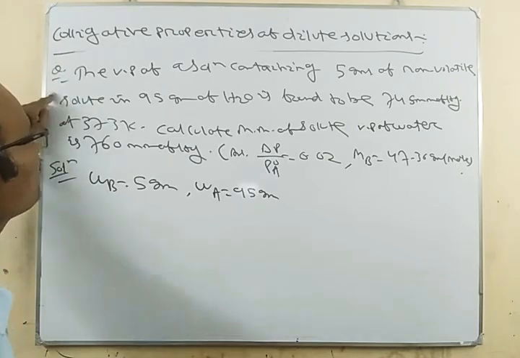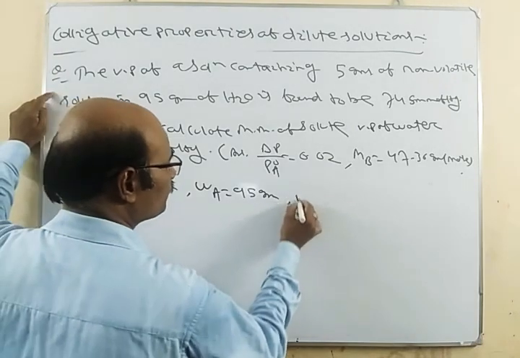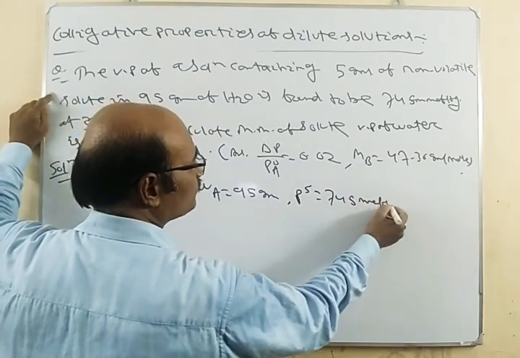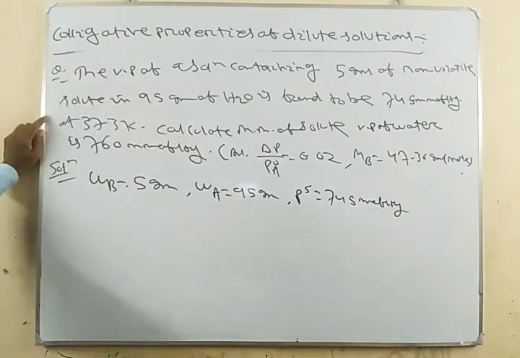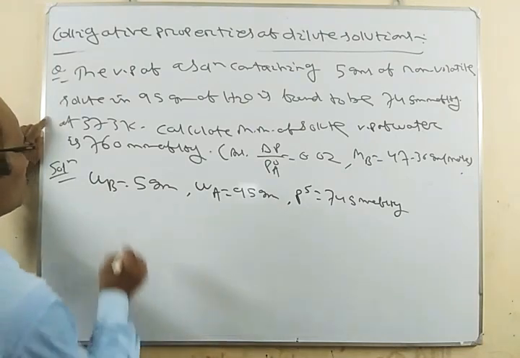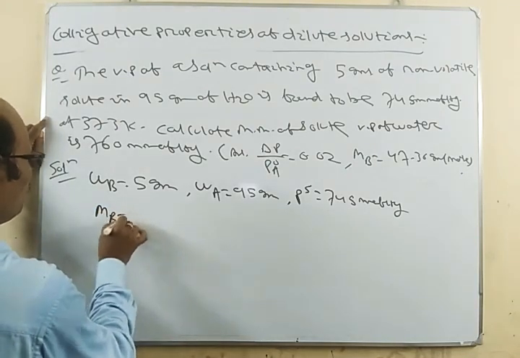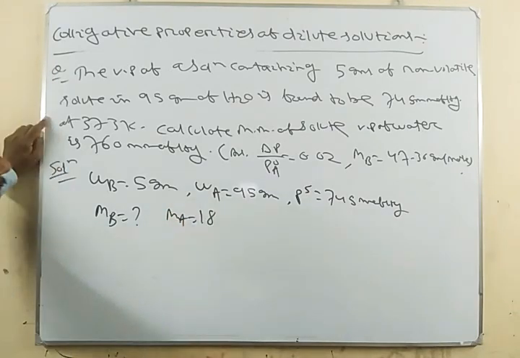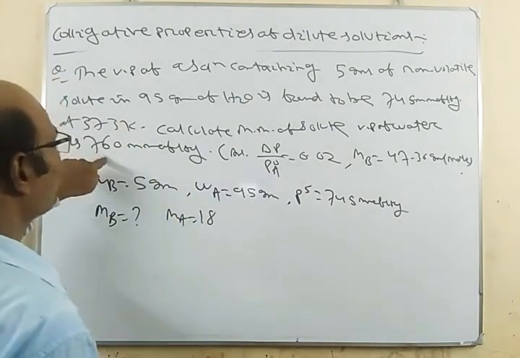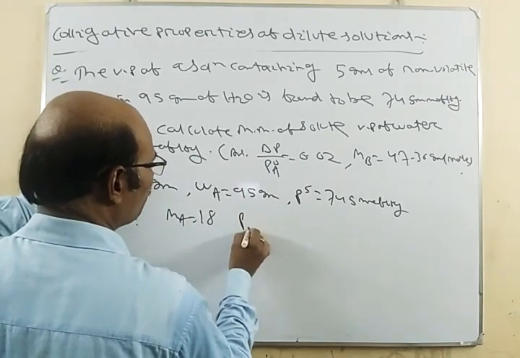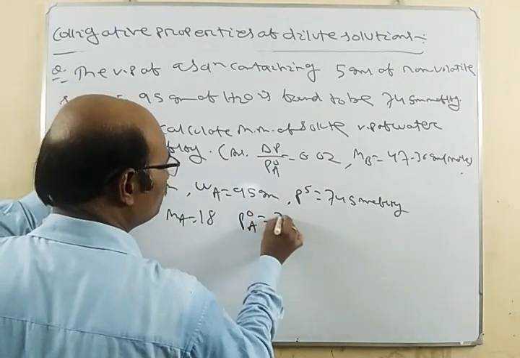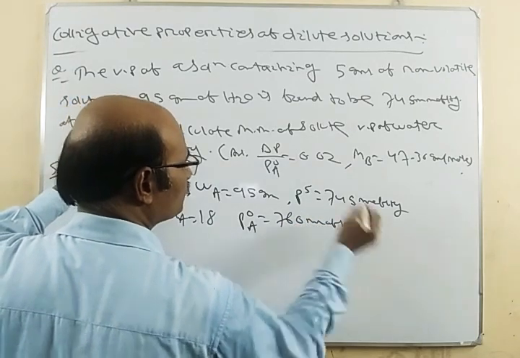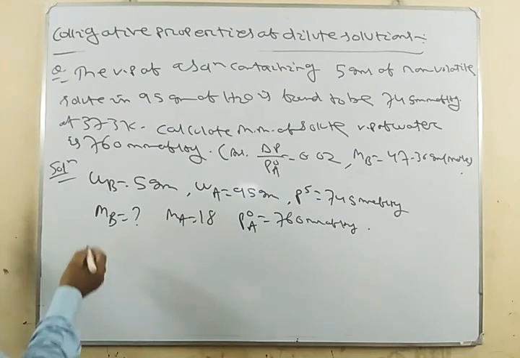That is the vapor pressure of solution, PS, 745 mm of mercury. Calculate the molecular mass of solute, that is MB, and MA we know is 18. Vapor pressure of water is 760 mm of mercury, so your PA naught is 760 mm of mercury.